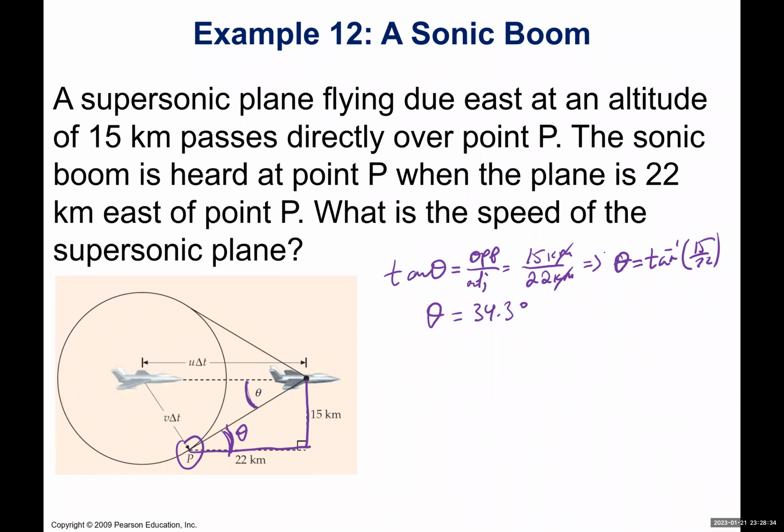Now, to find the speed, we can assume that whatever speed it has, let's take this u to be the speed, it is basically moving at that speed when it's covering that particular distance.